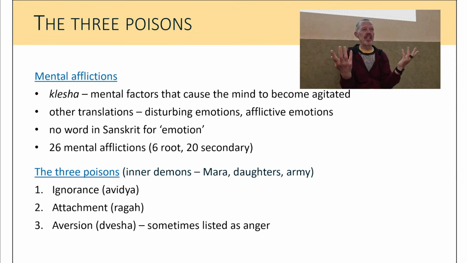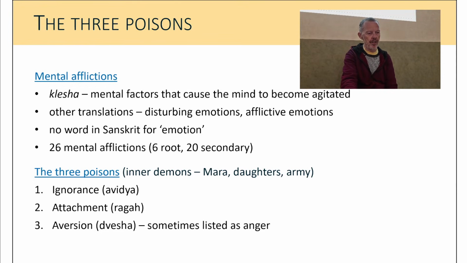And these three inner demons are exactly these three poisons: ignorance, attachment, aversion. So Mara is ignorance, attachment is the daughters, and the army is the aversion. So these are the three inner poisons that Prince Siddhartha overcame to achieve enlightenment.